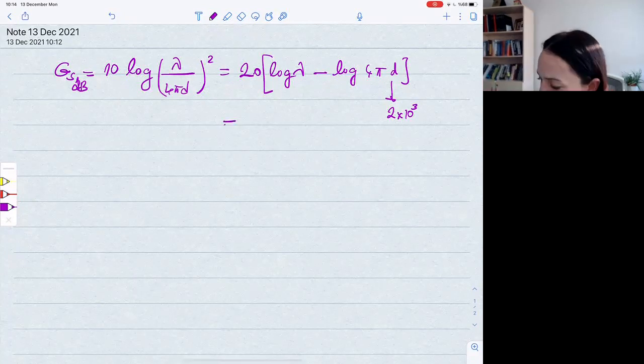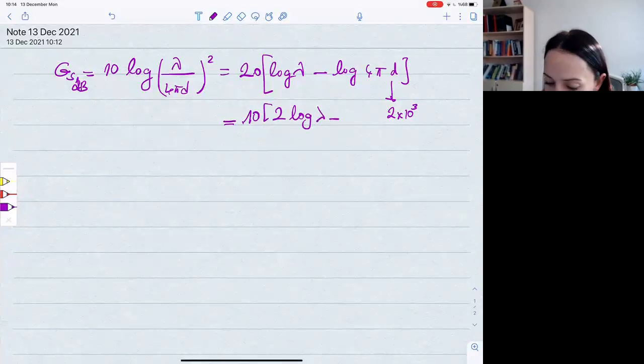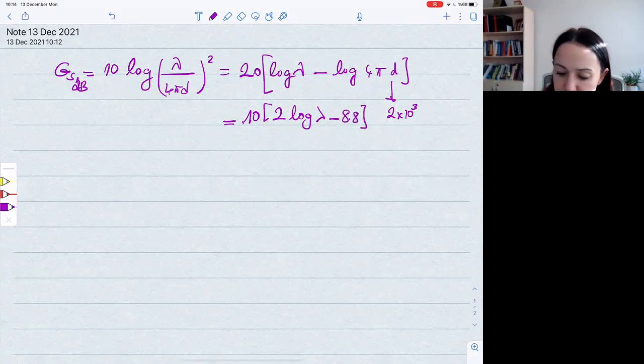So this is going to be equal to 10 times 2 log lambda minus 8.8, if my calculations here are correct. Okay, now what is lambda?